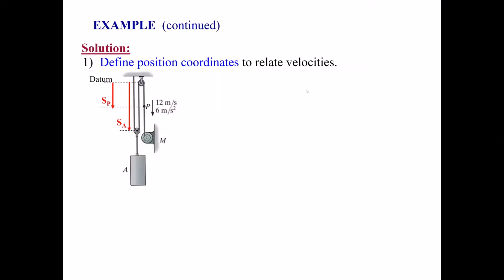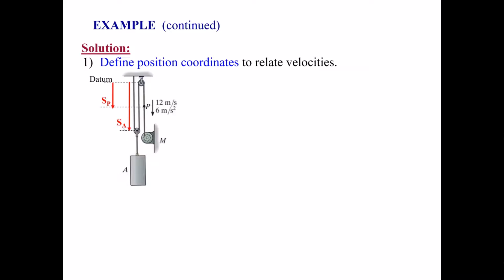Okay, so the first part, what we'll do is come up with some position vectors and relate them. So we have SP, the position of point P relative to some reference point, and we'll use the center of the upper pulley, which is not moving, as our reference point.